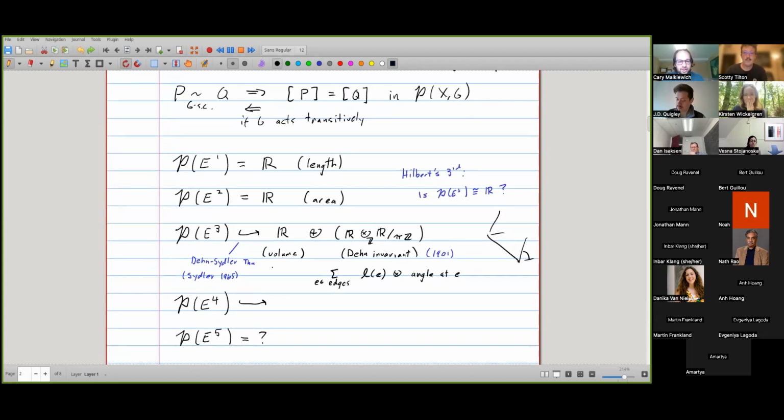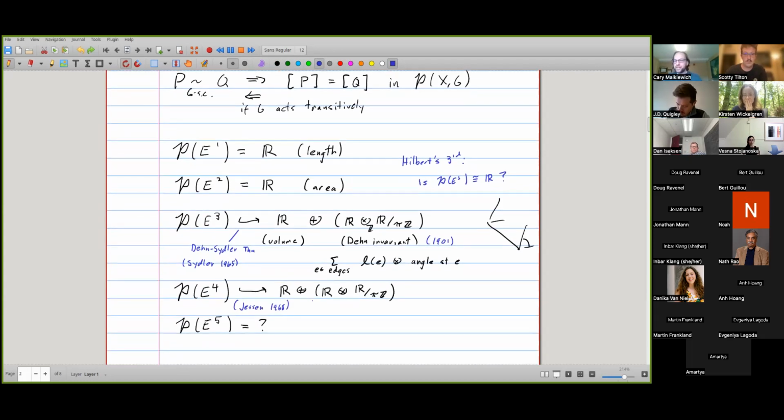And then later, so this was work of Jessen. There's a similar result for 4-dimensional geometry. There's a codimension 2 Dehn invariant here that sums over the faces now, and we again get an injective map. So this is Jessen, 1968.